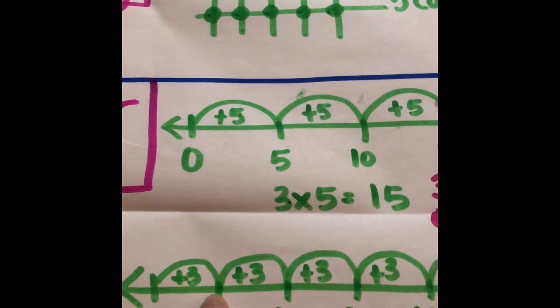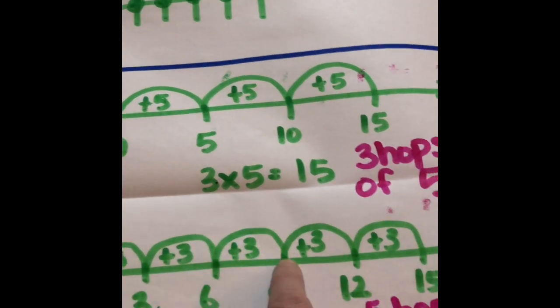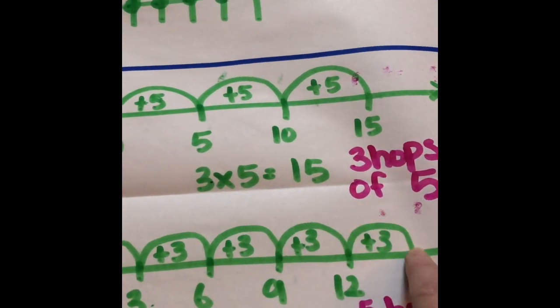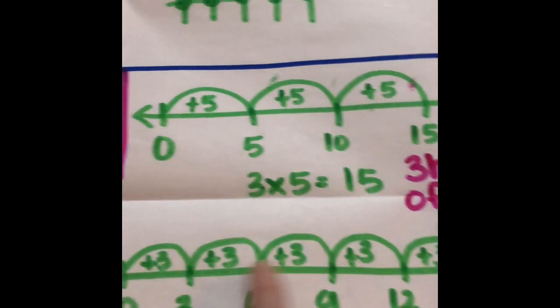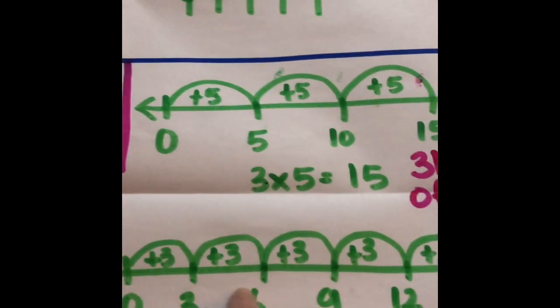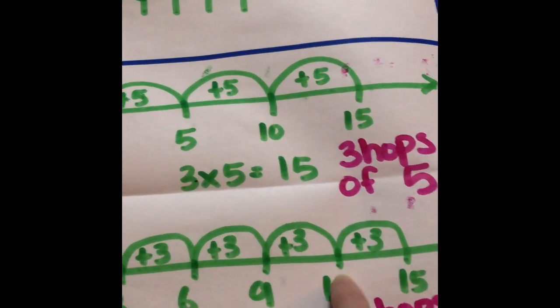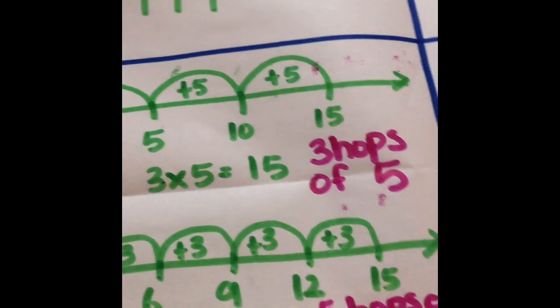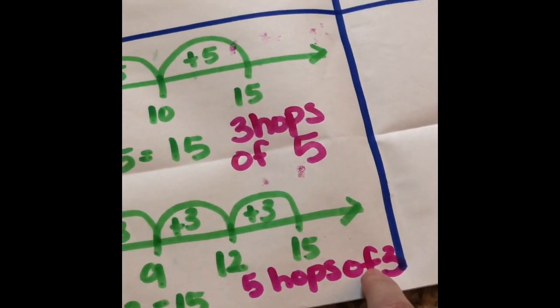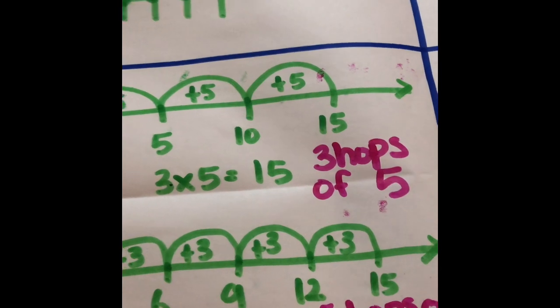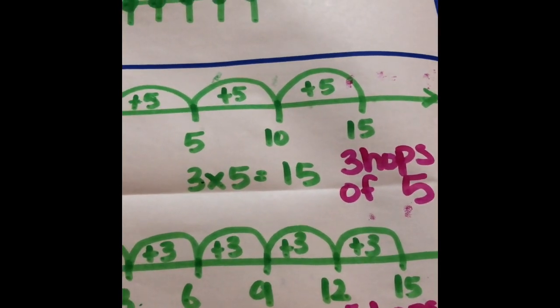So I'm hopping plus 3, plus 3, plus 3, plus 3, plus 3, which is skip counting by 3, so I get 3, 6, 9, 12, 15. So now 5 hops of 3 also gets me the same product of 15.